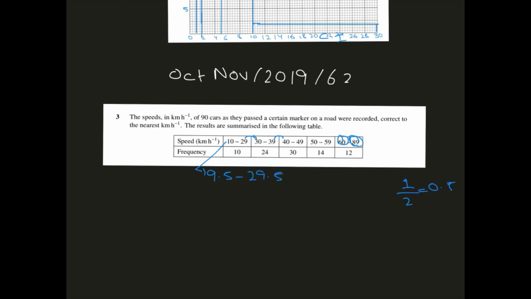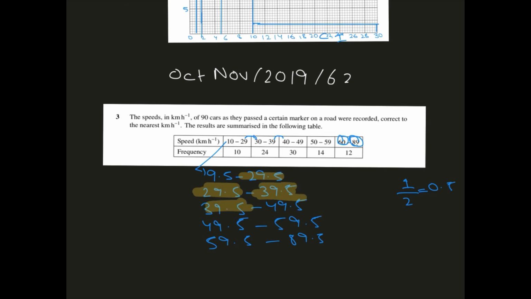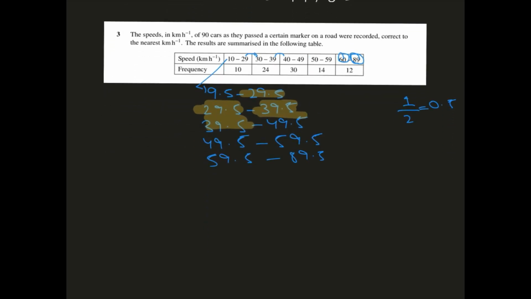In the same way, 30 to 39 will be 29.5 to 39.5. 40, so 39.5 to 49.5, and then 49.5 to 59.5. And then for 60, it will be 59.5 to 89.5. So now we don't have a gap between the upper boundary of the previous group and the lower boundary of the next group, right? So we don't have a gap between 39.5 and 39.5. So now our histogram will be continuous.